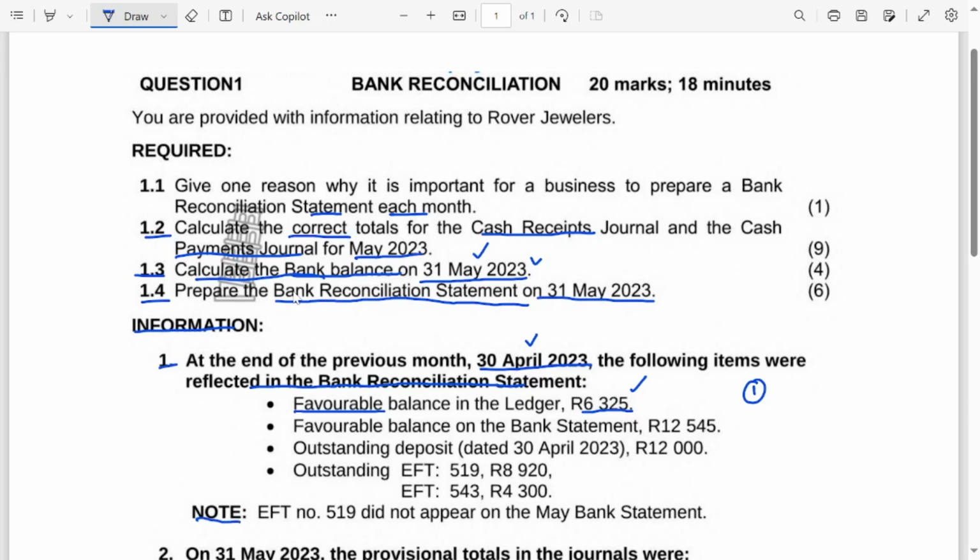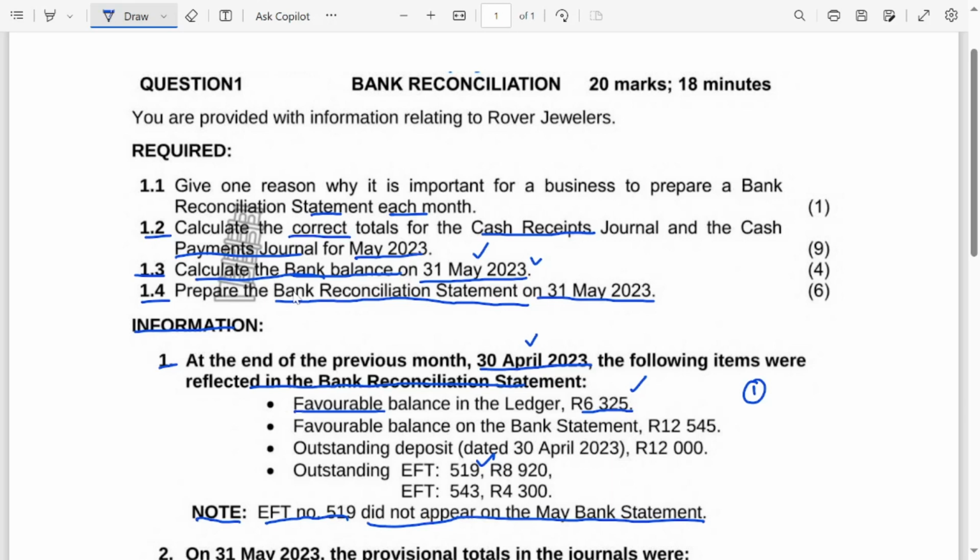Note EFT number 519. This one did not appear on the bank statement. If it did not appear on the bank statement, it means that we must record it again in the bank reconciliation statement. Why is that?